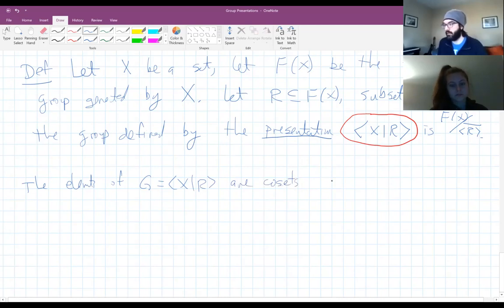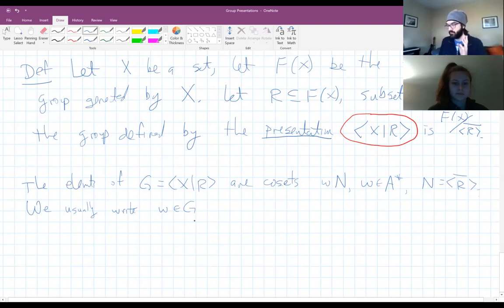They look like wN, where w is an element of A star, those words, and N is that normal closure. Now, this is where it gets kind of annoying, but this is just how it works. We don't usually write it with cosets. We usually just write w as an element of G.